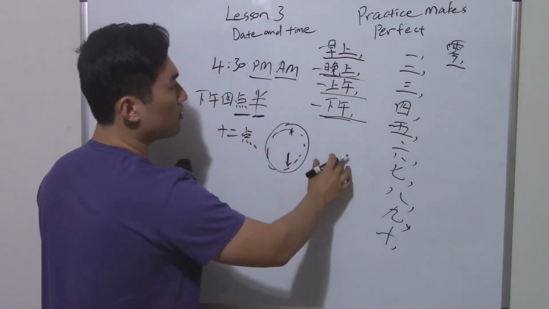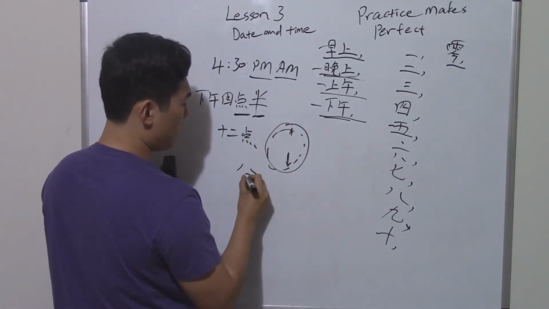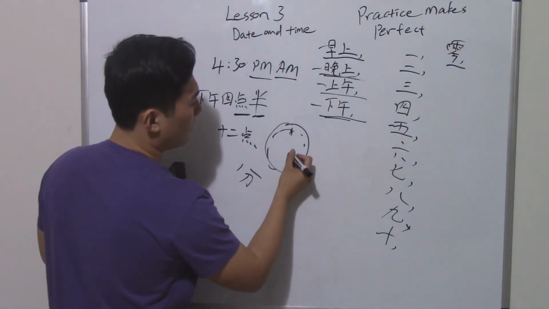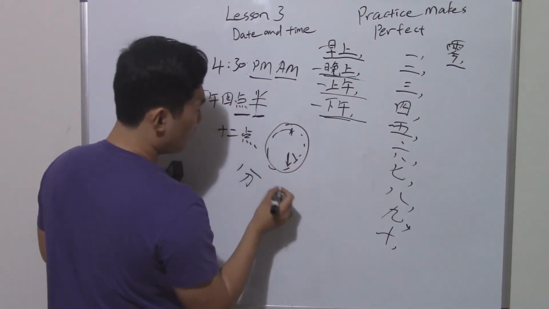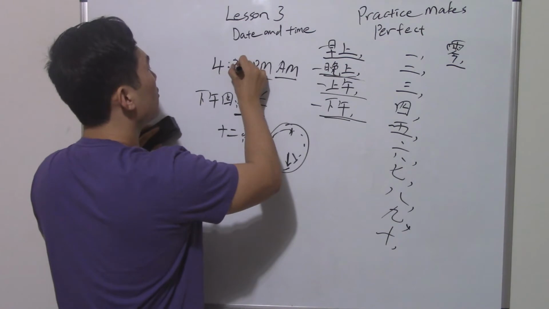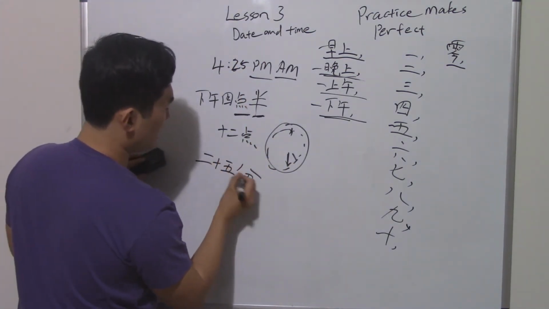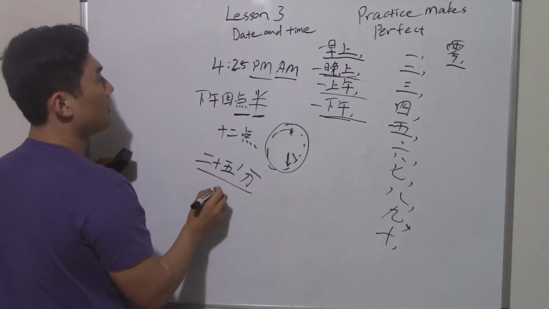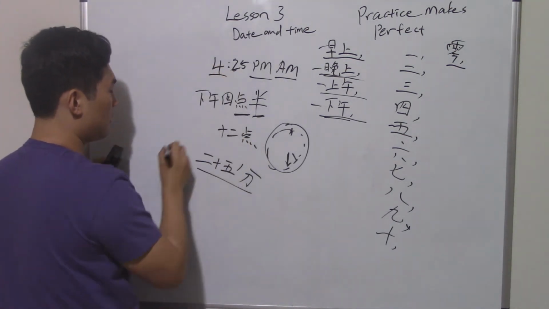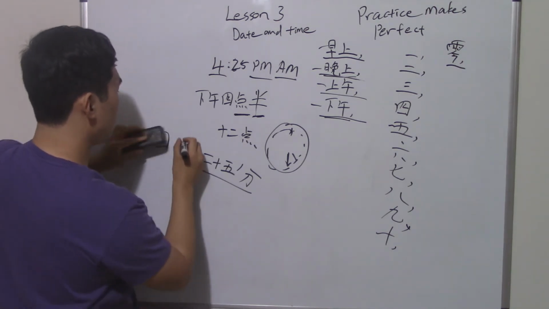And 分 means minute, so what about 4:25? 25 means 25分, and then 4 o'clock, 4点.